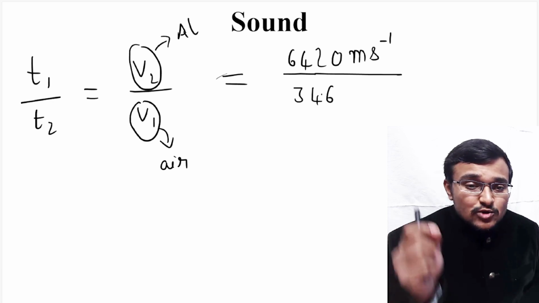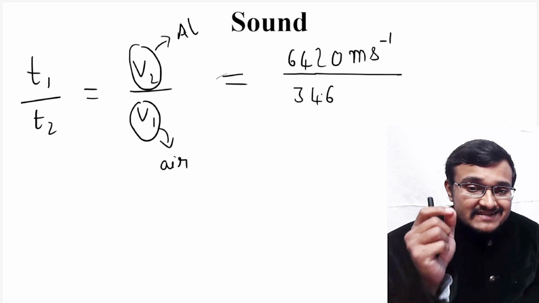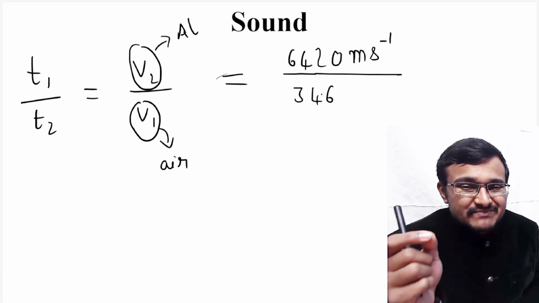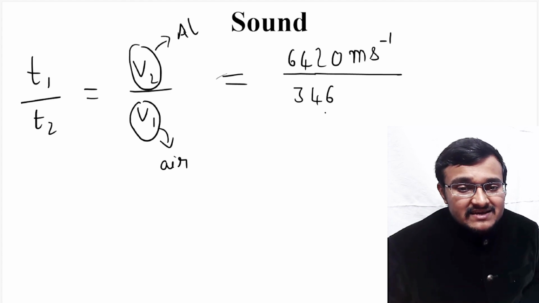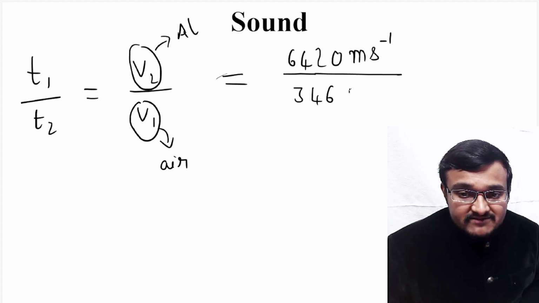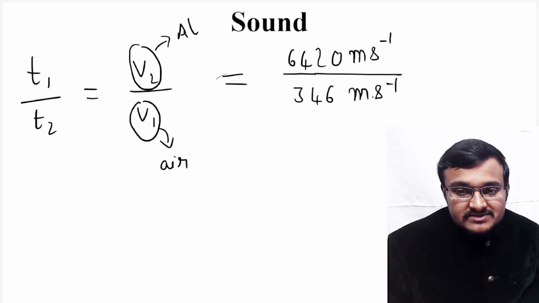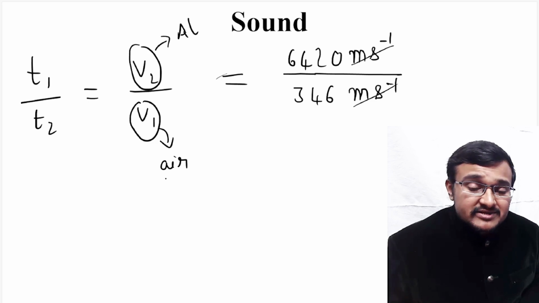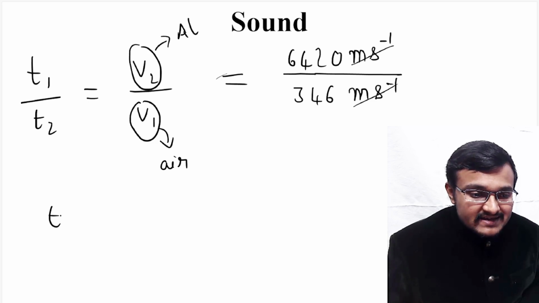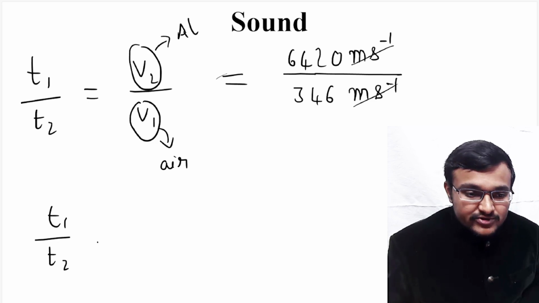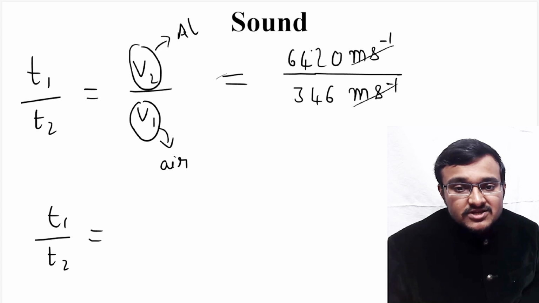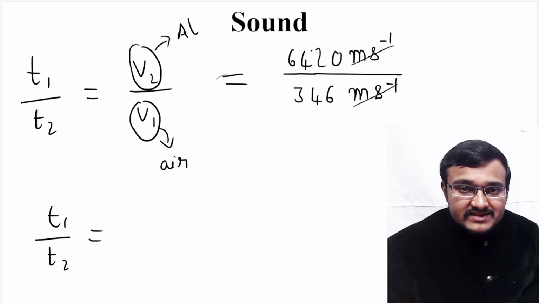In aluminium, sound travels at 6420 meter per second, and in air at 346 meter per second. Here meter per second gets cancelled because we are taking a ratio, so there will be no SI unit. So 6420 divided by 346.